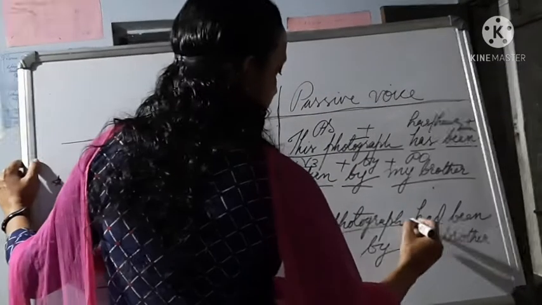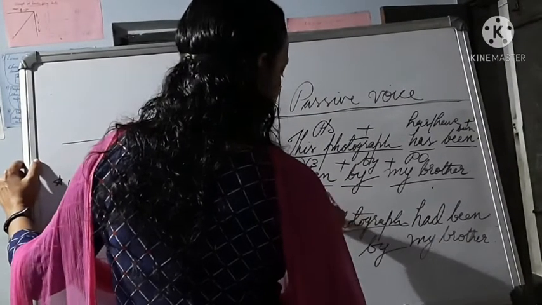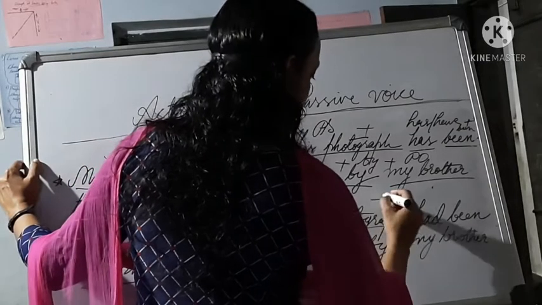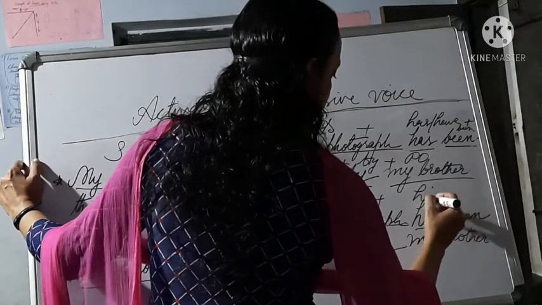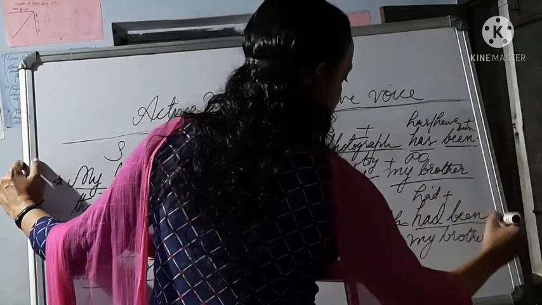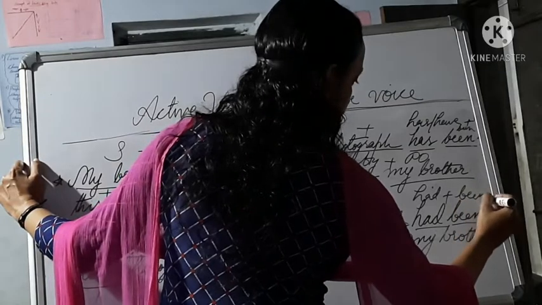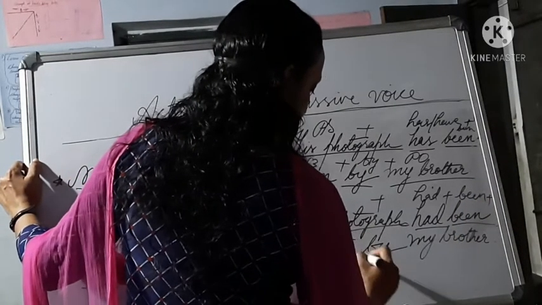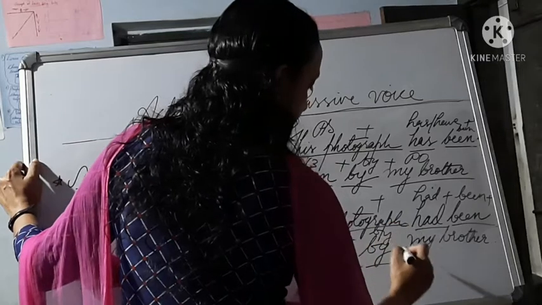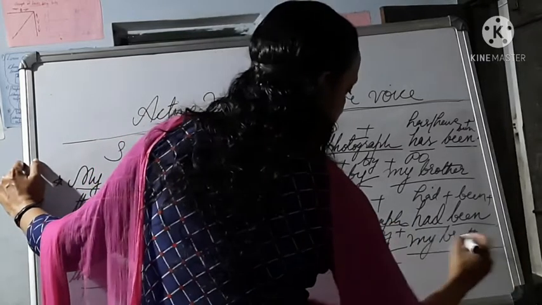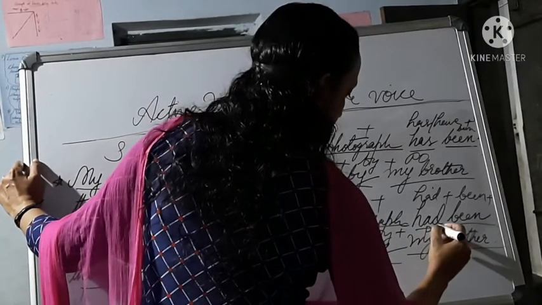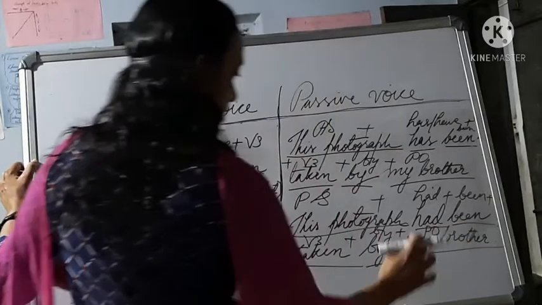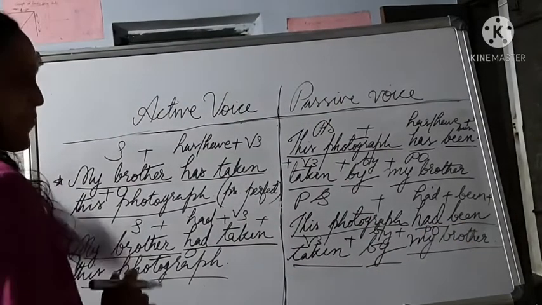So the rule is: this photograph, passive subject, plus had plus been plus V3 plus by plus passive object, and that is the subject here.